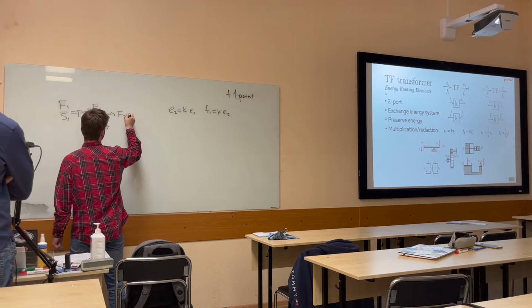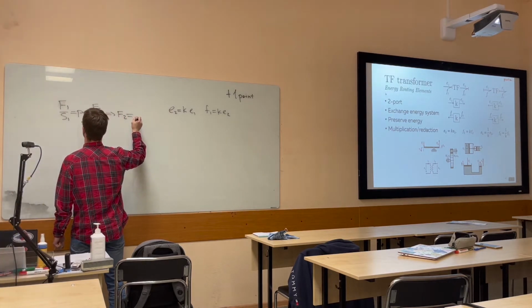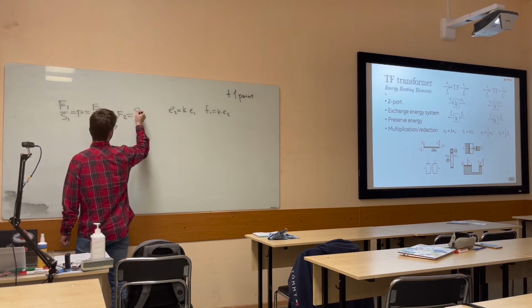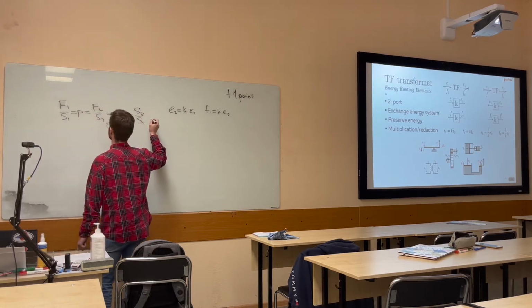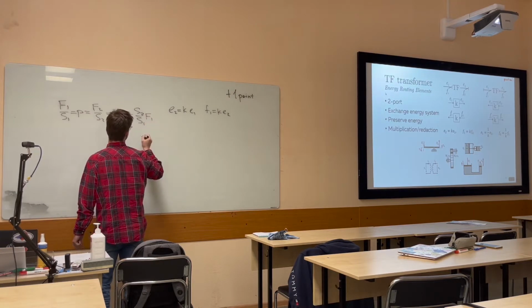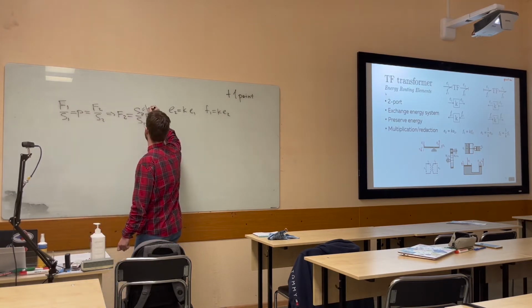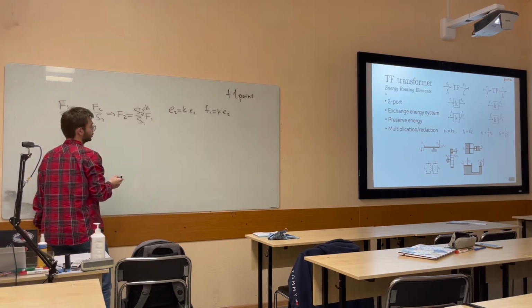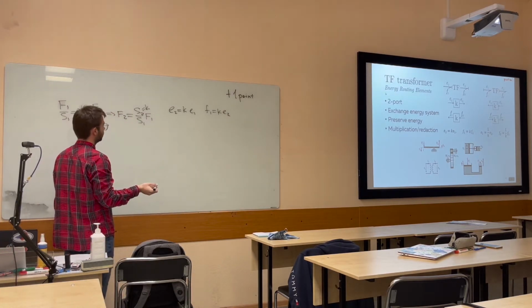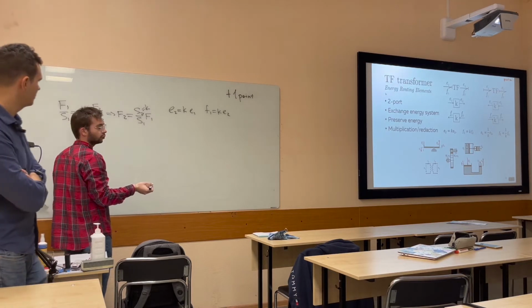Force 2 equals area 2 divided by area 1 multiplied by force 1. So this will be, I think, K. Okay. And we can also make similar equations for the rate.